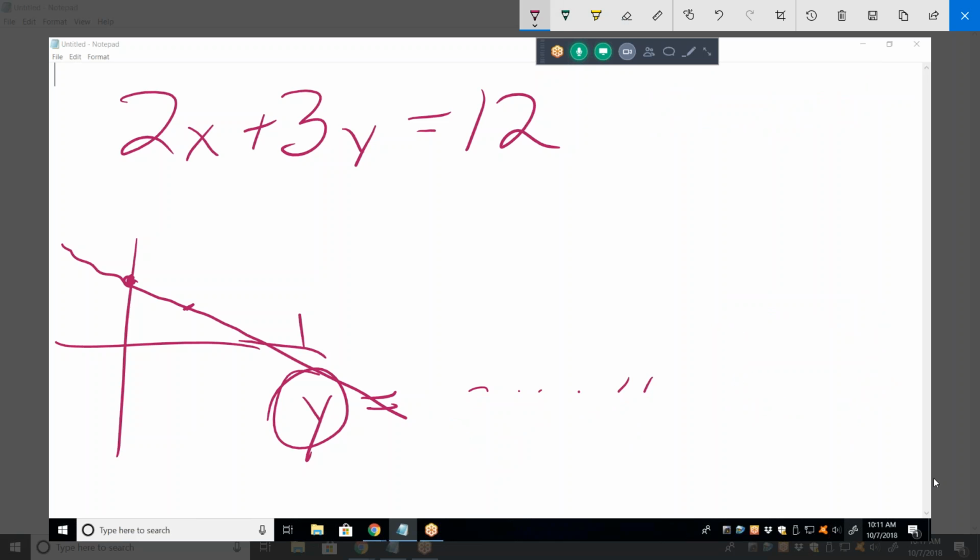Whoops, I'm not going to erase that. I want to show you that that is the equation of this line. But we don't get the equation of the line when we solve for the intercepts. Tell me what the X-intercept is going to be. Well, the X-intercept would be, wouldn't it be... Make y 0 and then solve the rest of the equation.